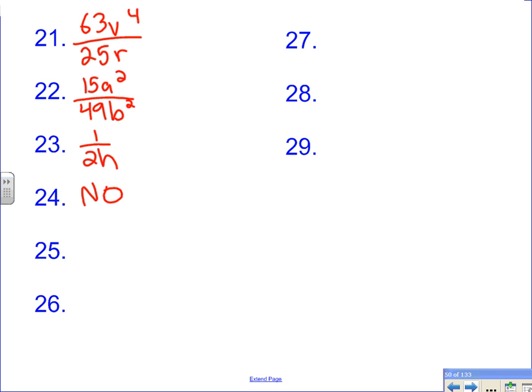I did not use the number lines. If you did not, I'm okay with it. Justin, 25. Good. 26, Zach. So is it yes or no? Okay, good. Yes? Donatus, 27. Okay, tell me what they are in simplest form.